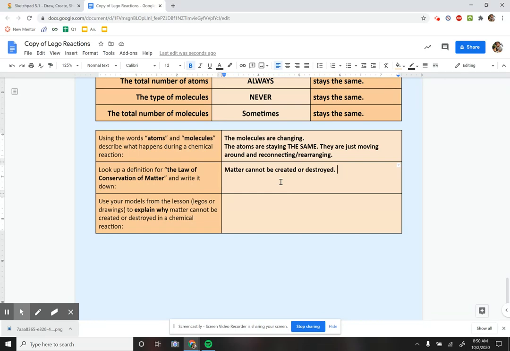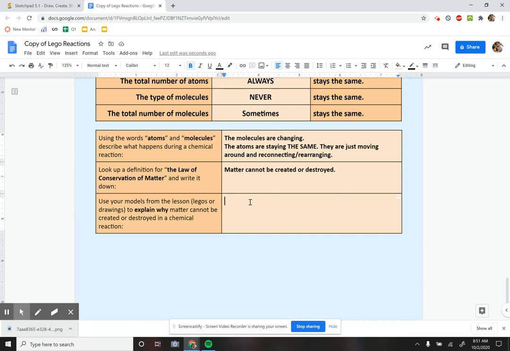I think a dude snaps his fingers and part of the universe disappears. That can't happen in real life, okay? Because in real life, we say matter cannot be created or destroyed. You can't just make matter disappear or appear out of nothing, okay? That we call the law of conservation of matter, okay?